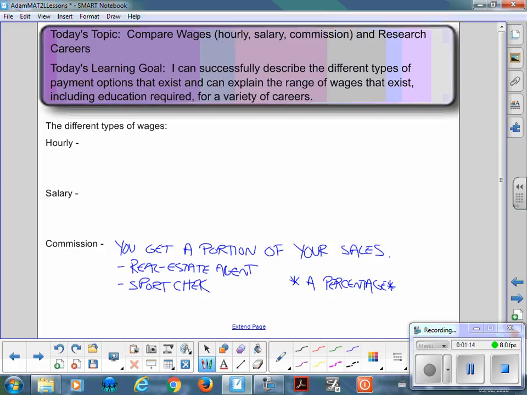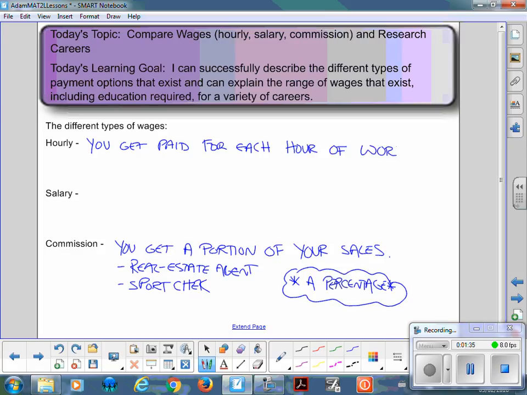Now, the other ones. Talk about hourly, because this one, if you have a part-time job already, you'll be aware of. So hourly, you get paid for each hour of work. All right, so for each hour you work, you get an amount of money.